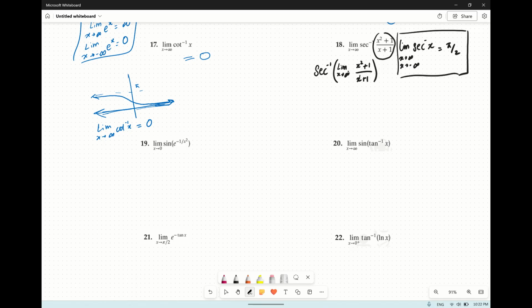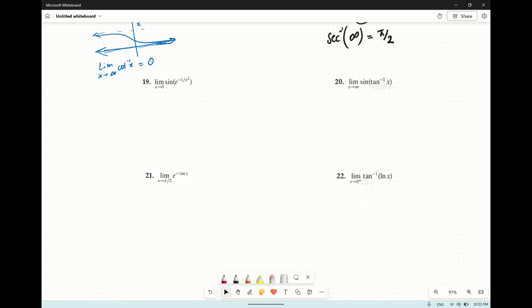So this is going to positive infinity, which means this thing here is going to be infinity. Okay, what is secant inverse of infinity? Well, from the graph of secant inverse, we know that this will be equal to pi over 2.